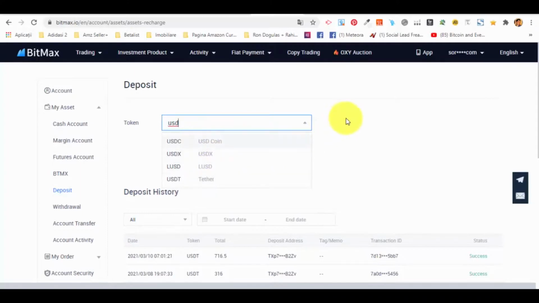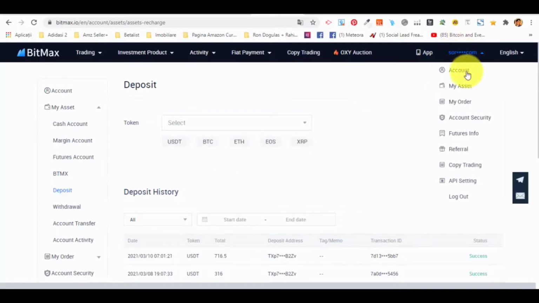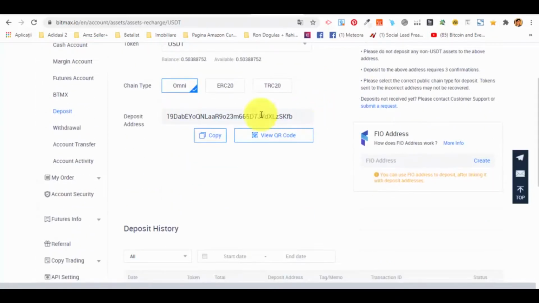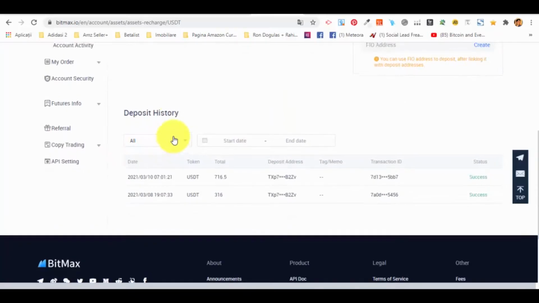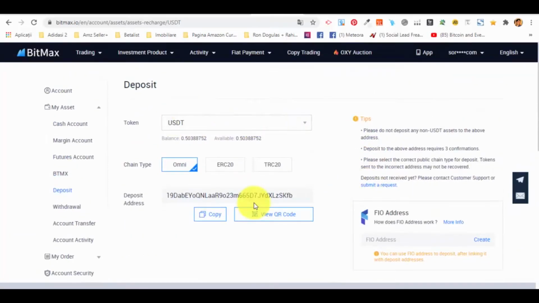Okay, basically to deposit on BitMax, you first have to buy from somewhere else. You cannot just pay with your payment card or something like that. You have to buy the crypto from somewhere else, or just go to the fiat payment.